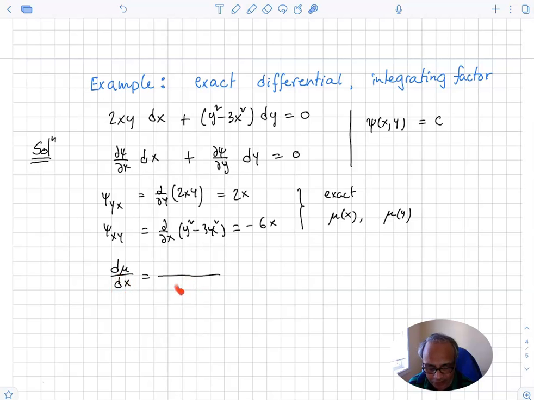It could be the coefficient of dy, which is this quantity y square minus 3x square, and on the top you look for the mixed partial derivative and the mismatch.